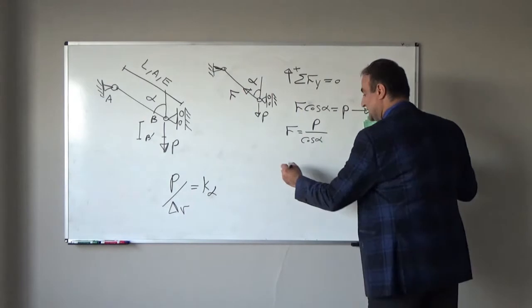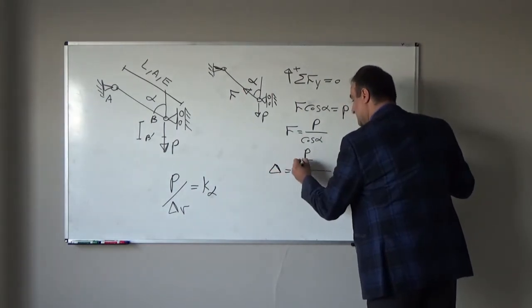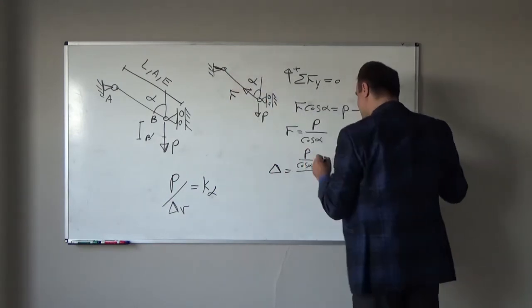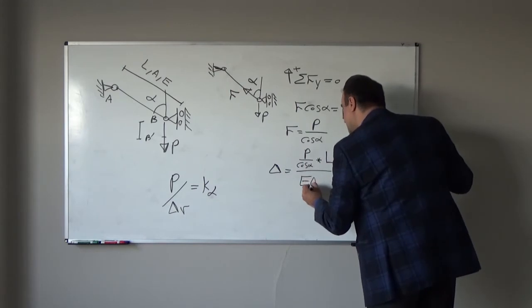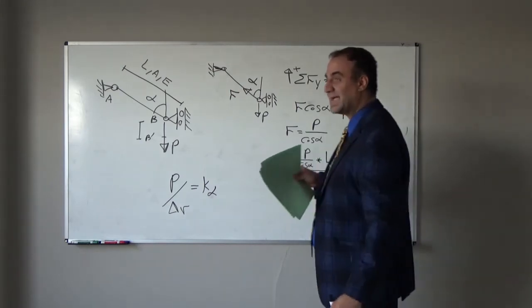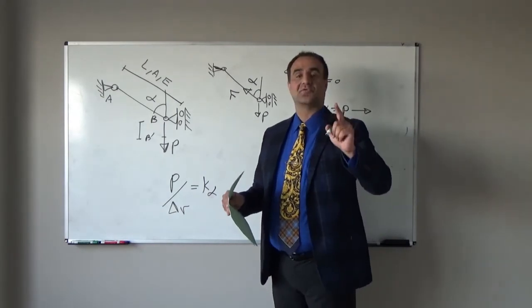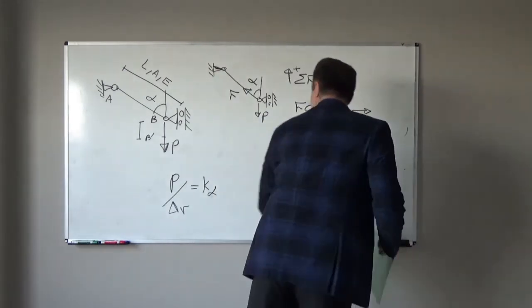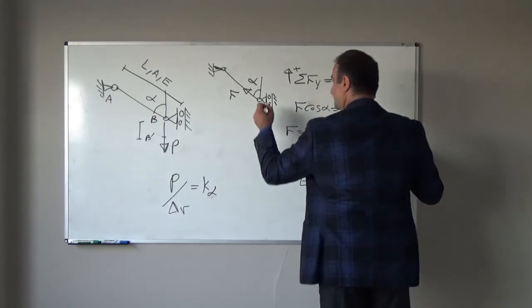The internal force in that member, P over cosine alpha, times the length of that member, L, divided by EA, will be the deformation of that member in the member direction. Pay attention: deformation of that member in the member direction. It means it will be this deformation.